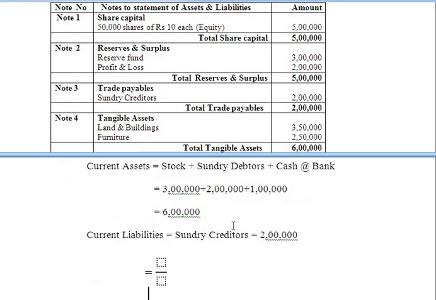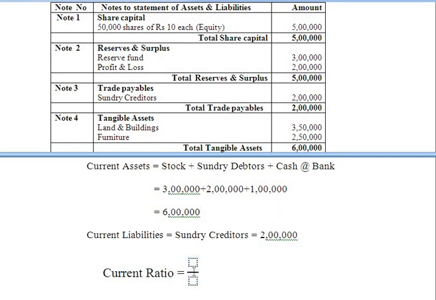Put both the values into the formula. So next line write, therefore, current ratio is equal to current assets divided by current liabilities. The amount of current assets we have calculated is 6 lakh, whereas current liability is 2 lakh.